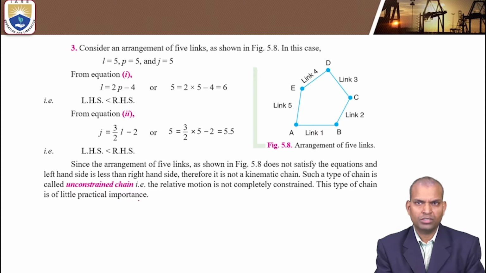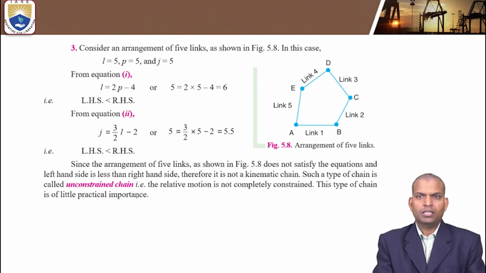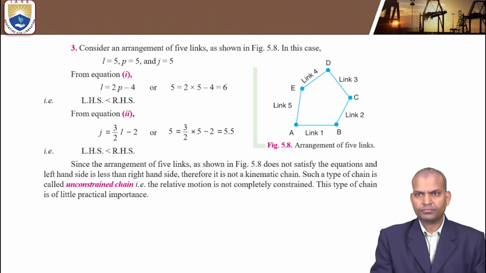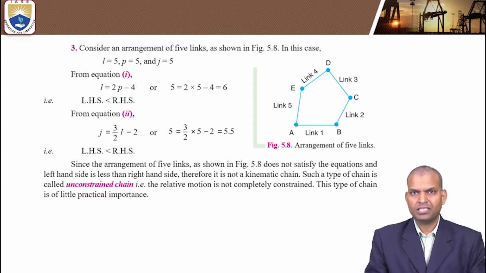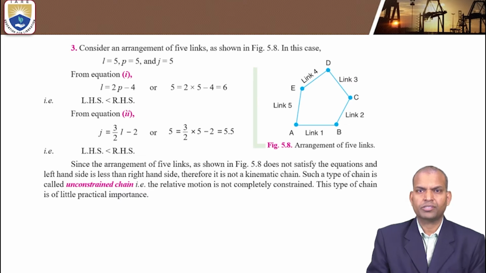Coming to the second question, same model. Now in this case LHS is less than RHS. There are 5 links, L equal to 5. How many pairs are there? P equal to 5 and J equal to 5.